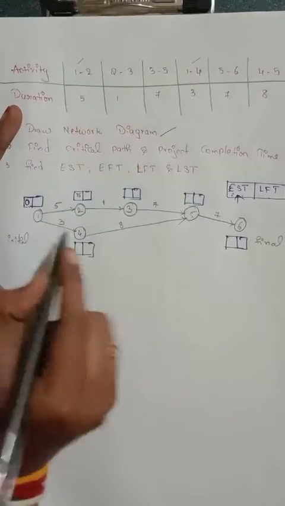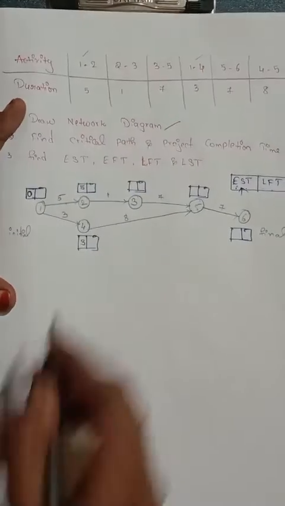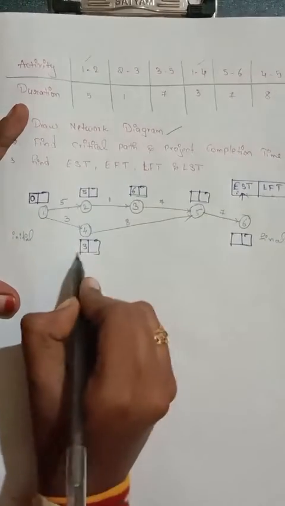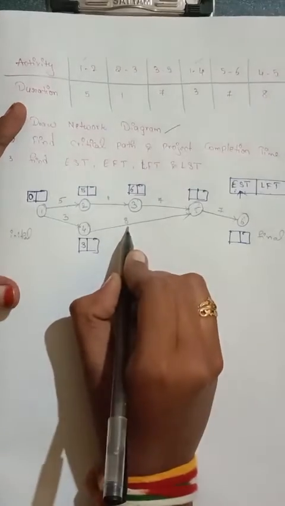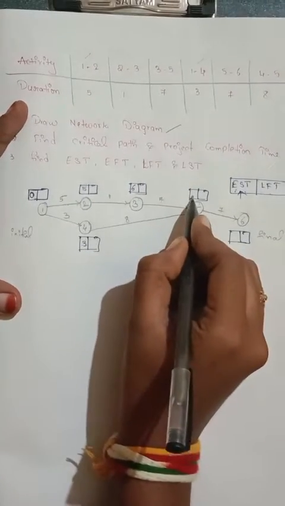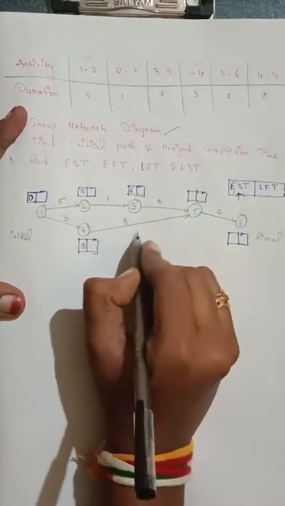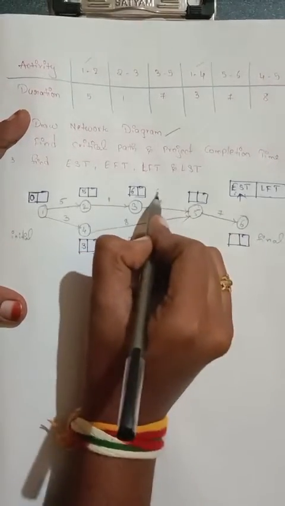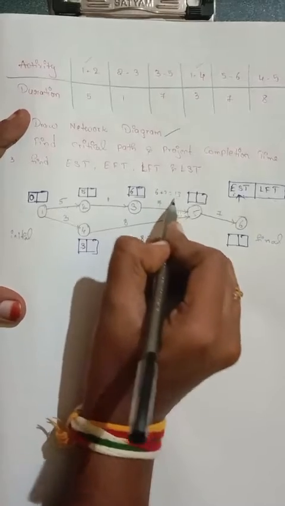Then 0 plus 3, it is 3. Again from here 5 plus 1, it is 6. 3 plus 8, it is 11, guys. But before writing it, see here, 3 plus 8 is 11, and from here 6 plus 7 is 13.